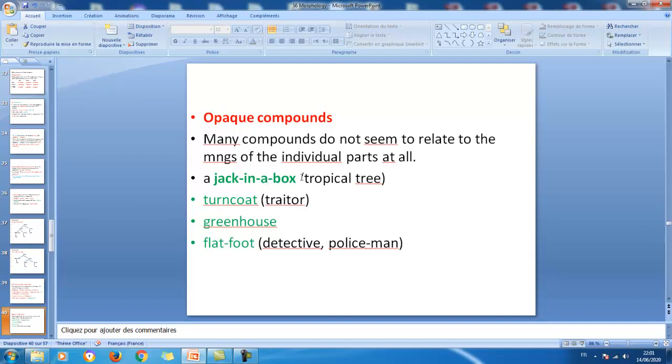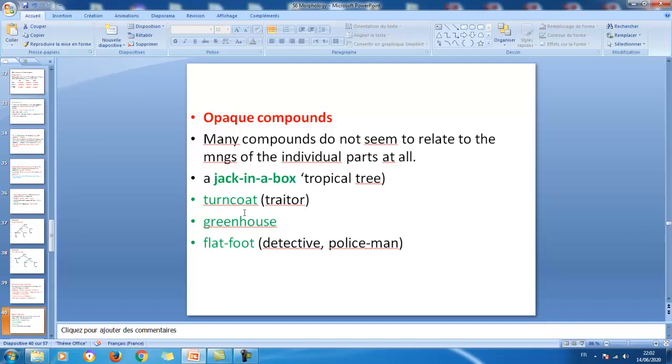It means something completely different. It's a tropical tree. So this compound here, Jack in a box, is opaque, which means we cannot predict the meaning of it by just looking at its parts. So it's not transparent, it's opaque.